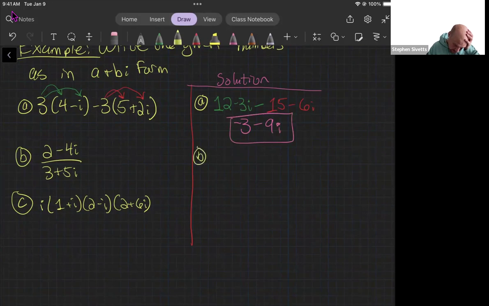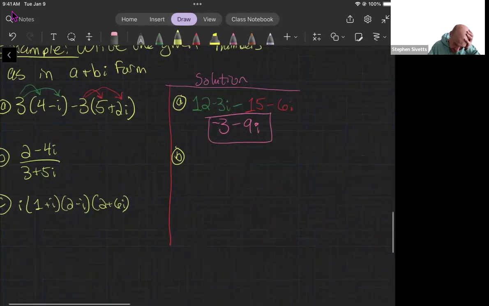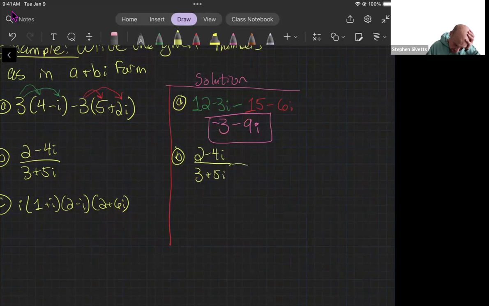Part B, we're going to use division. So (2 minus 4i) divided by (3 plus 5i). What we have to do here is multiply the numerator and the denominator by the complex conjugate of the denominator. 3 minus 5i, and then 3 minus 5i here.